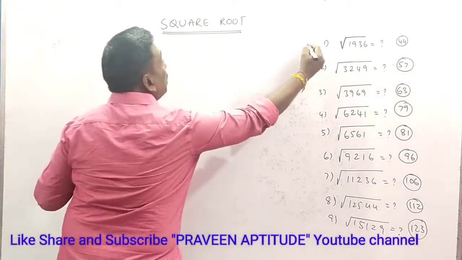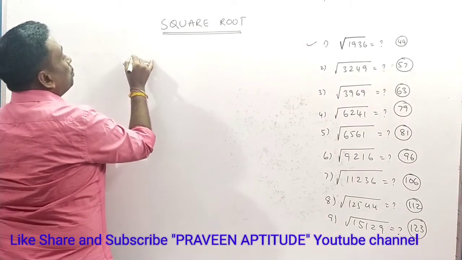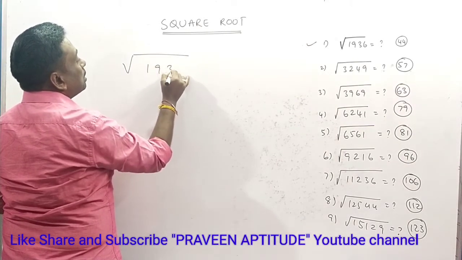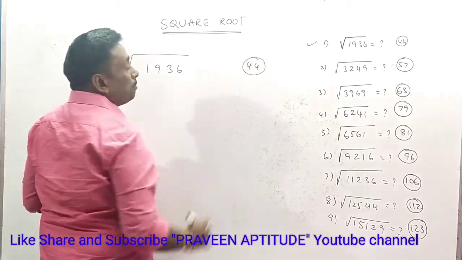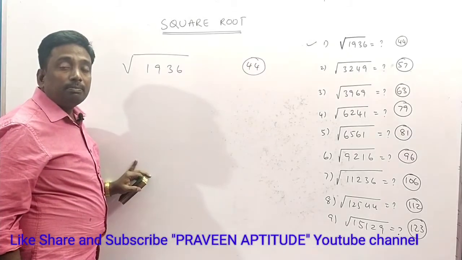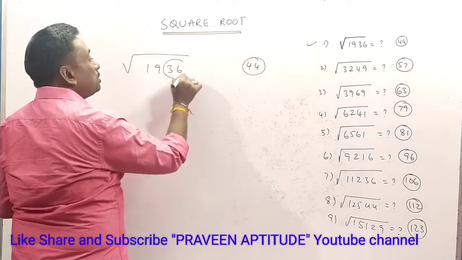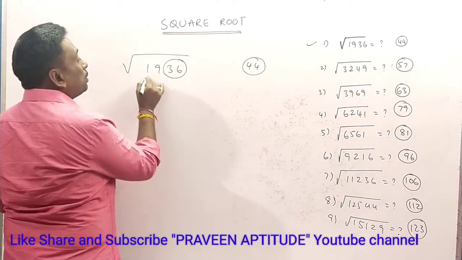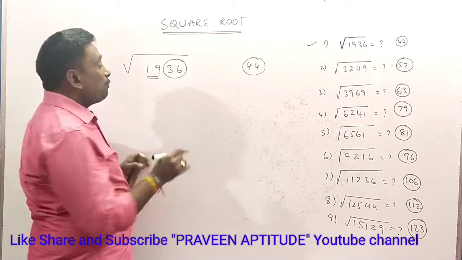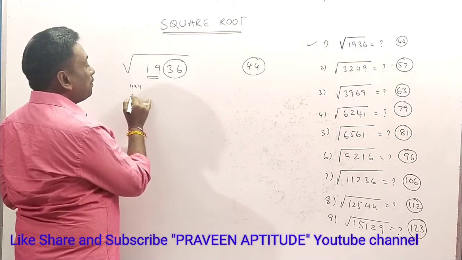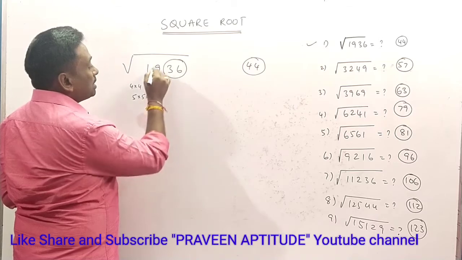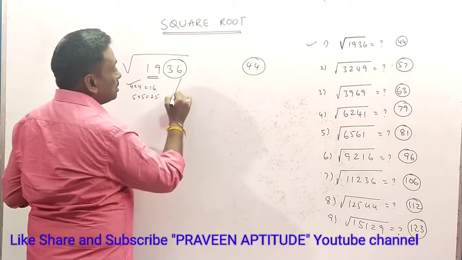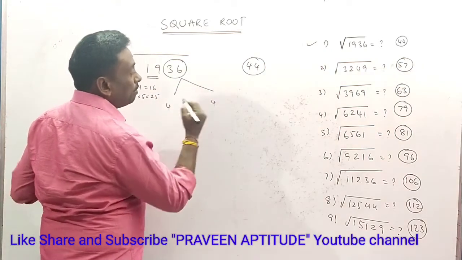Suppose you take this one, square root of 1936. The answer was given as 44 directly, but cross check once. What we have to do: first you leave the last two digits. Here 19 is there, 4 4s are 16, 5 5s are 25. 25 exceeds 19, that's why this digit must start with 4.